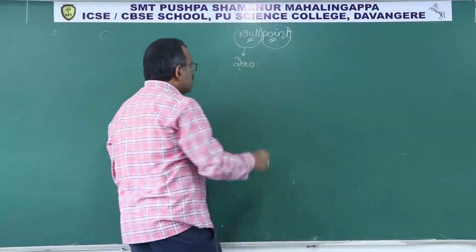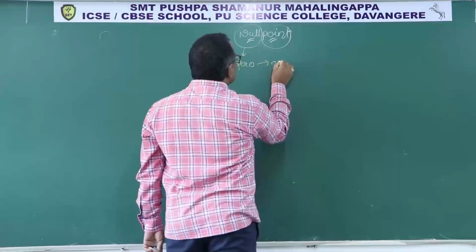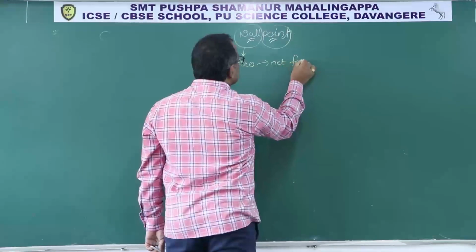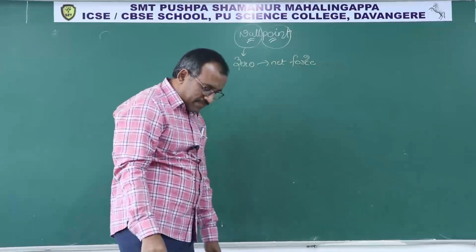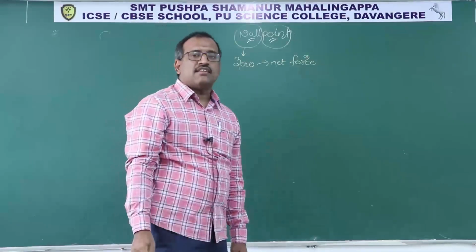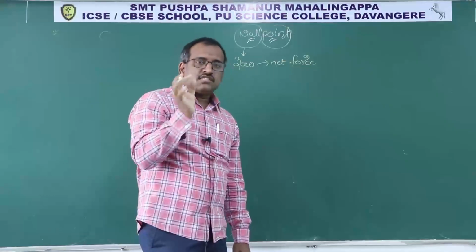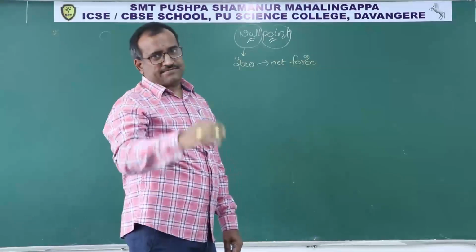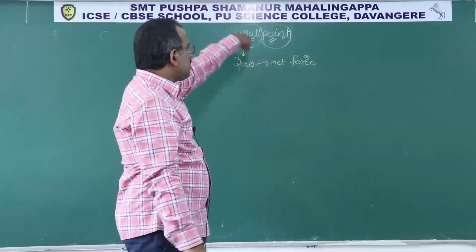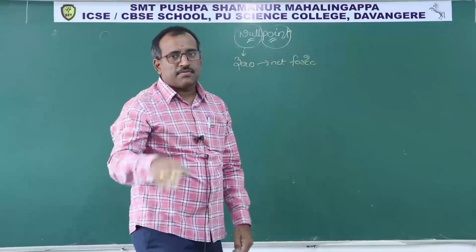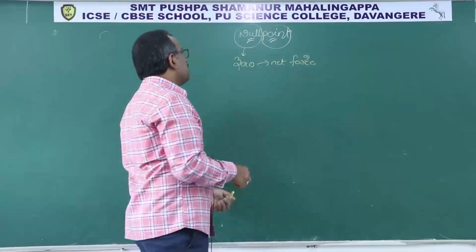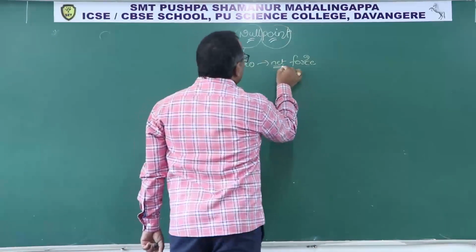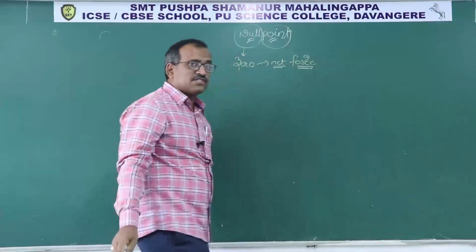The point at which zero net force is there is called a null point. Clear? That's all. So we have to always calculate net force.